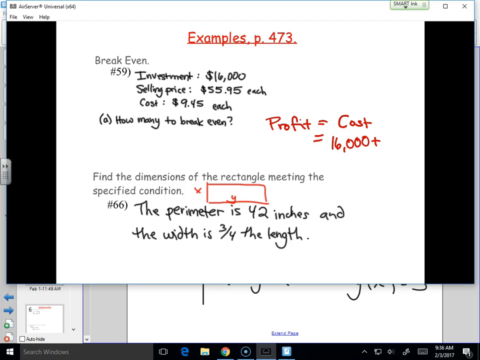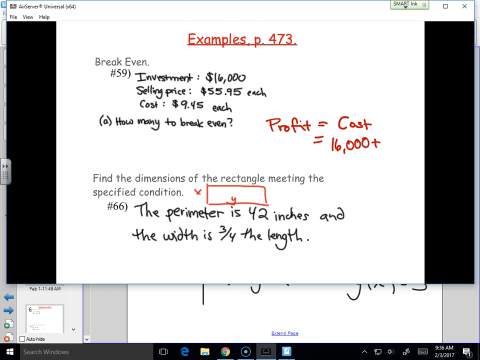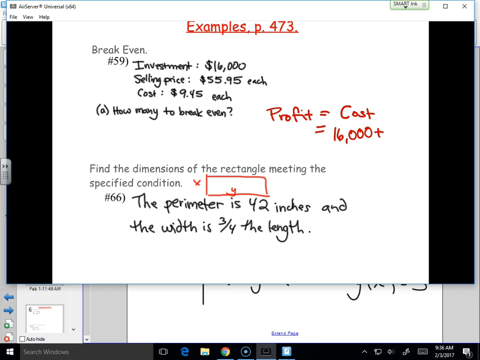What else are you spending? $9.45 for each product, right? $9.45 for each. Can we put an X? And we're making $55.95, so we're just trying to see how many you have to sell in order to break even, and then everything above that, you'll start making a profit of $55.95 minus $9.45 each product.